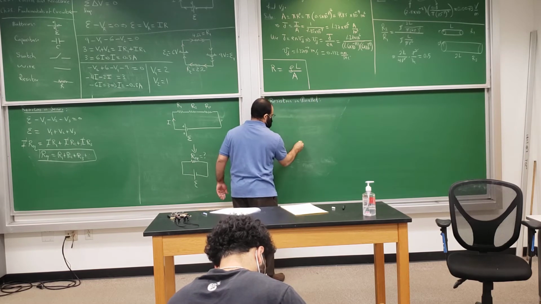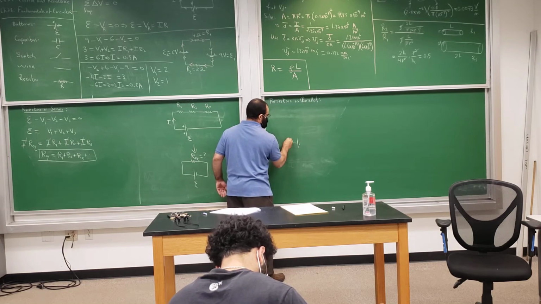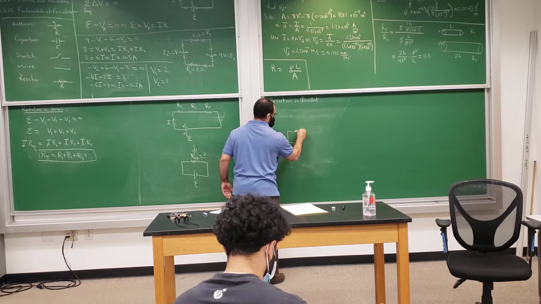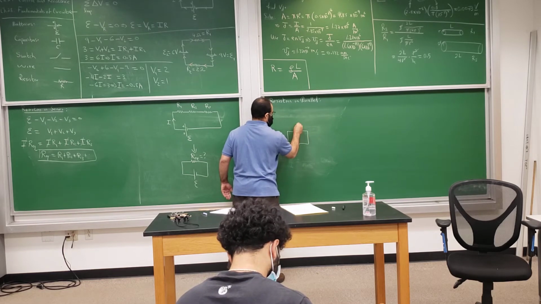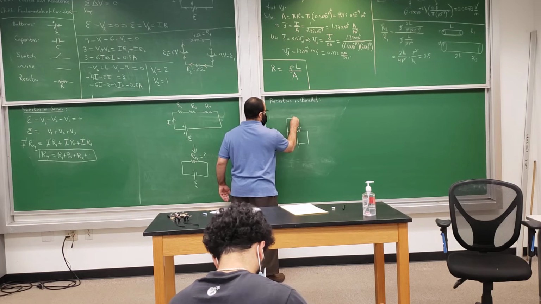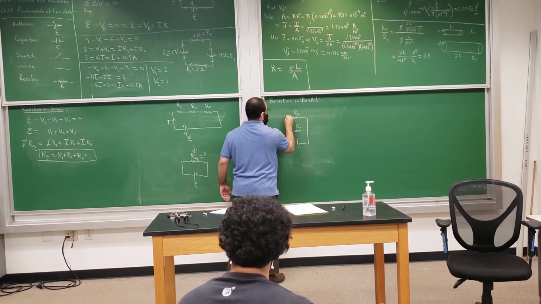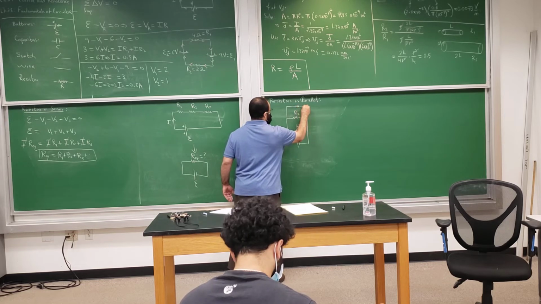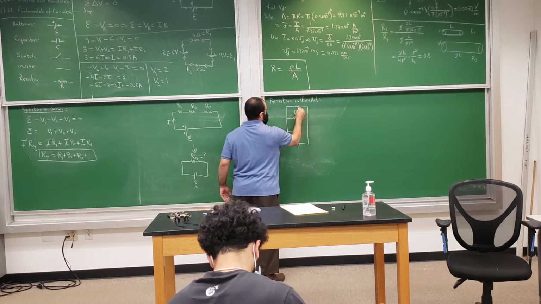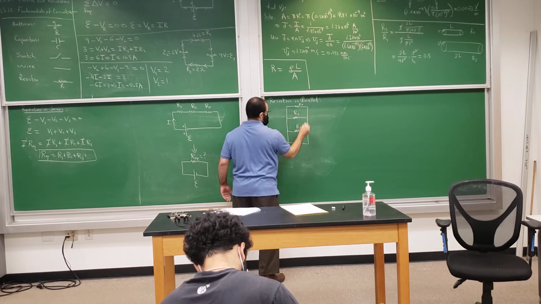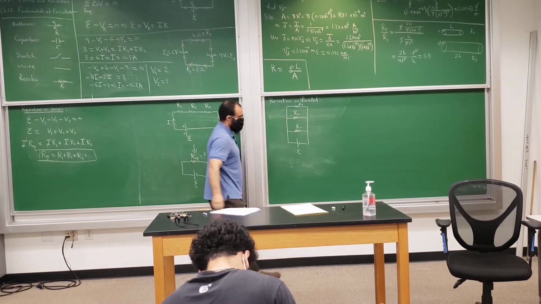They look like this. You got a battery, and you have a resistor, let's call it R1, and then you have another resistor, R2, and you have a third resistor, R3, and this is the battery.